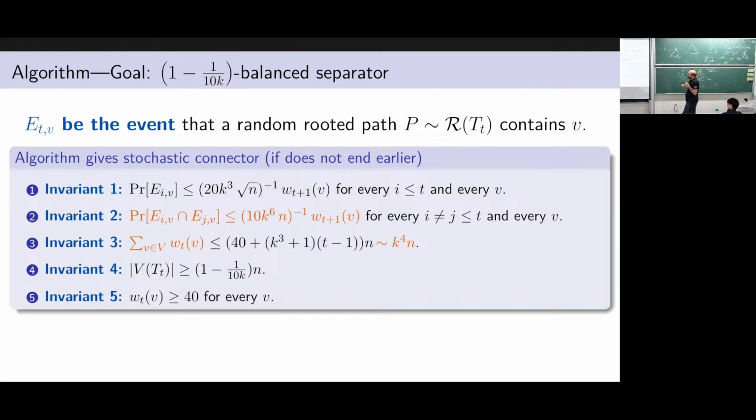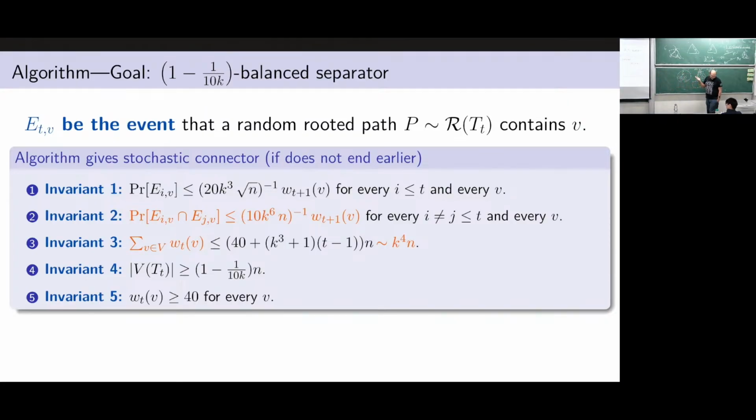So if we look over all vertices, we will look at the weight of that vertex, and we know that the total weight of all the vertices is this k^4 times n, and we divide it by this k^6 times n, so we know that this probability is 1 over k squared.